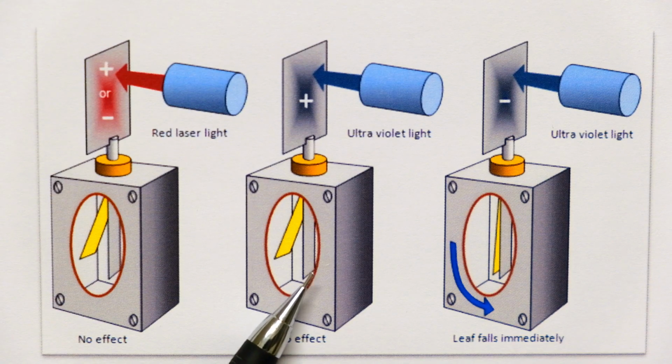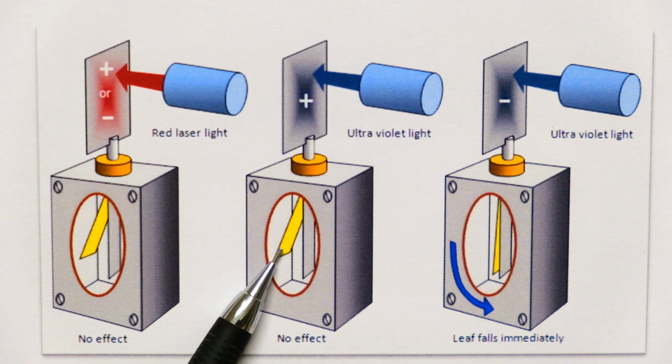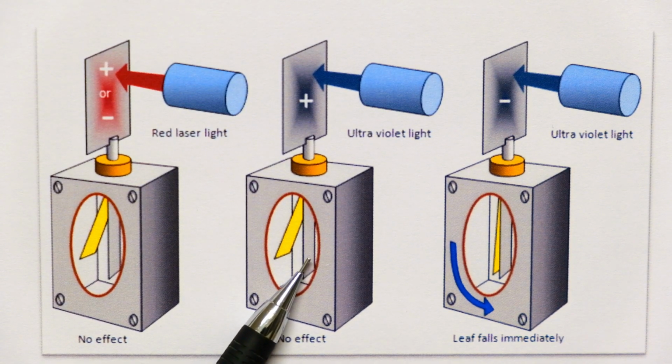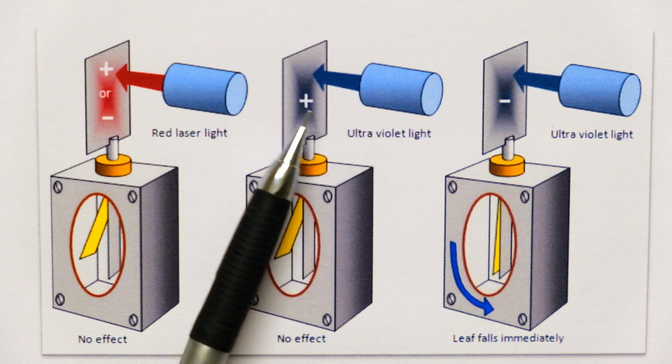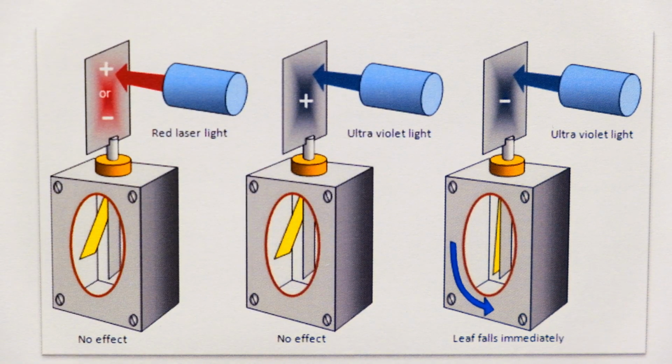Our next electroscope is positively charged. That means that electrons have been removed. So the positive gold leaf is repelled by the other plate, which is normally zinc or platinum. So the gold leaf is repelled by the other metal. If ultraviolet light is shone on the positively charged electroscope, nothing happens because ultraviolet light has a very high frequency, therefore high energy of the photons.